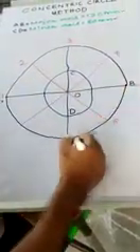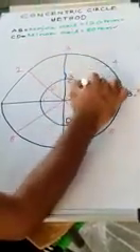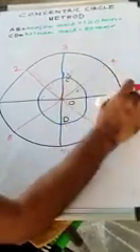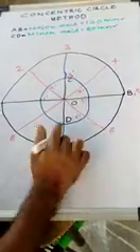5, 6, 7, 8. Similarly, on the minor axis circle, the concerned points 1 dash, 2 dash, 3 dash, 4 dash, 5 dash, 6 dash, 7 dash, 8 dash.